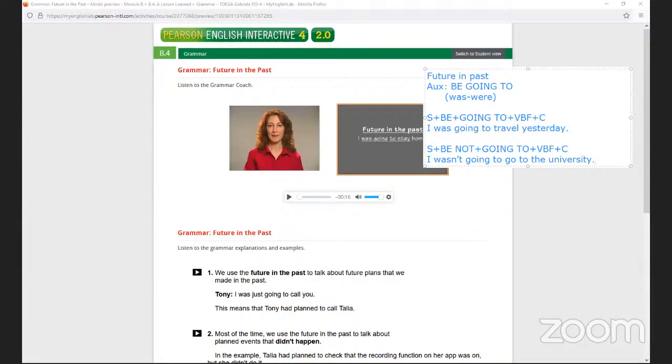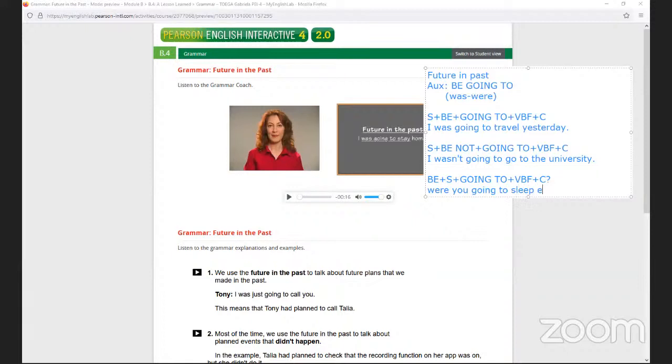Very good. Perfect. So if we want to make questions, yes, we could do it, but we always start with the verb to be, right? So this only changes in the order of the first two. The question, for example, in past: were you going to sleep early?